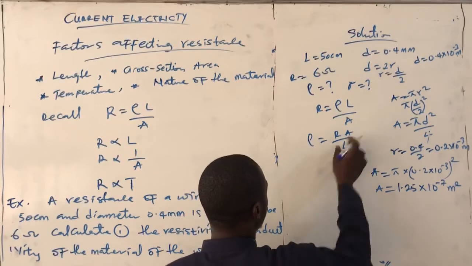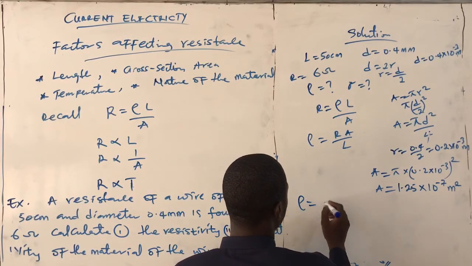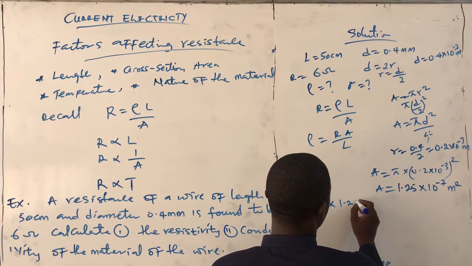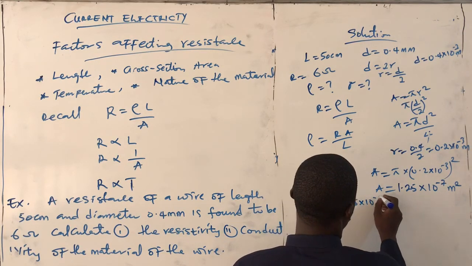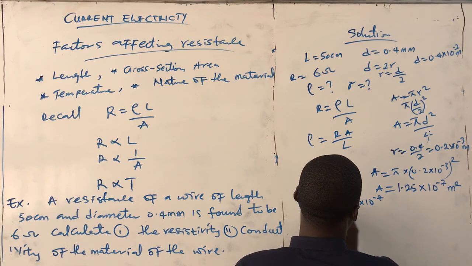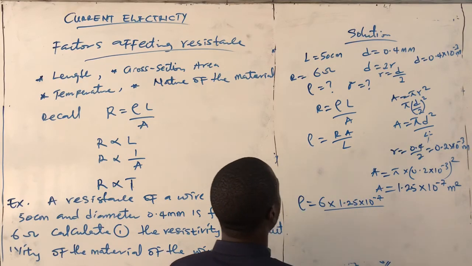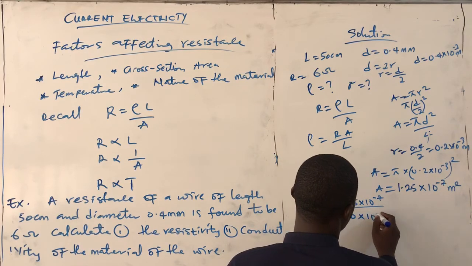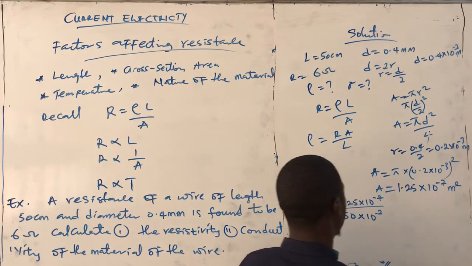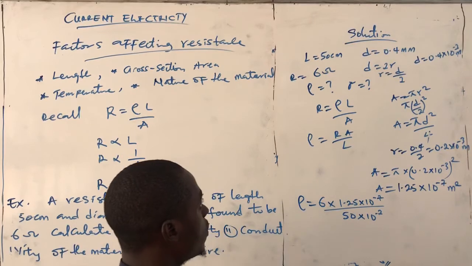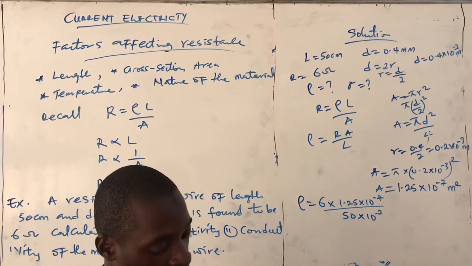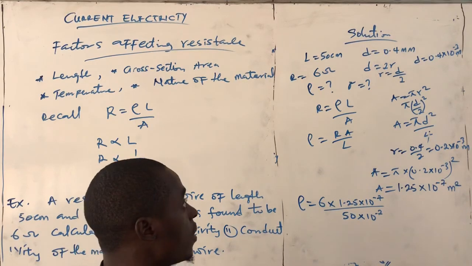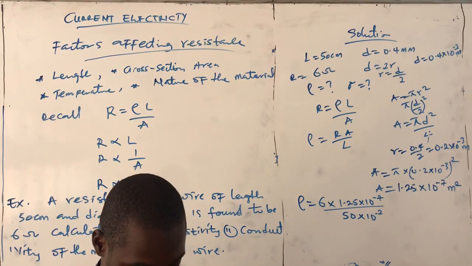Now, if we substitute this value, our resistivity is 6 multiplied by 1.25 times 10 raised to power minus 7, divided by our length, 50 centimeter, which is the same as 50 times 10 raised to power minus 2 meter. If you convert to meter, 100 centimeter is the same thing as 1 meter.